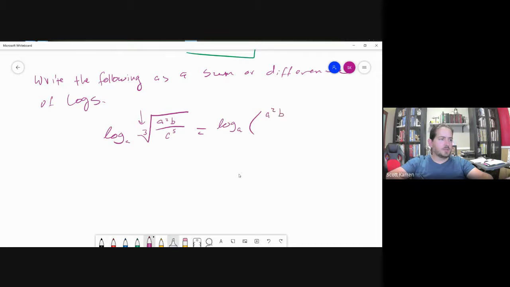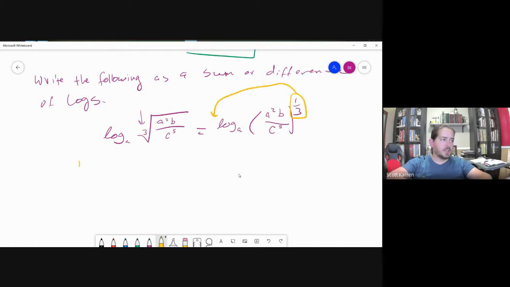over c to the fifth, all to the 1/3. Right? And the first thing that I can use is that power. This 1/3 can come down as a multiplier in front.